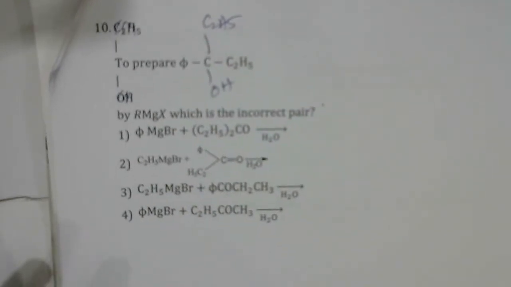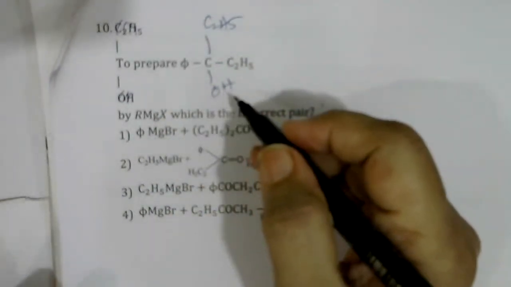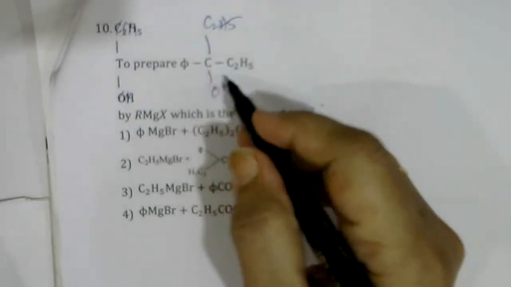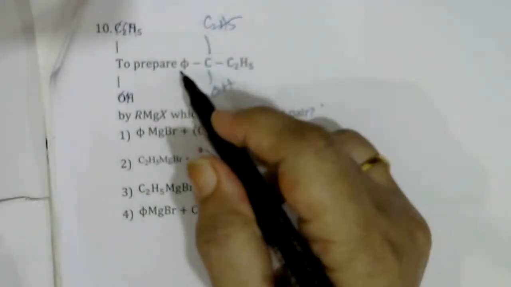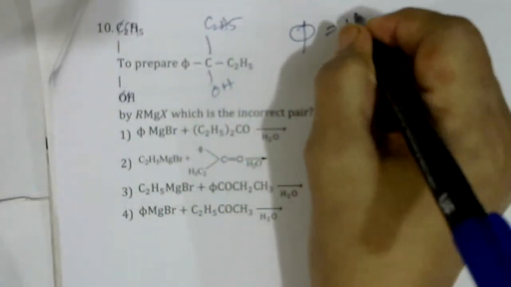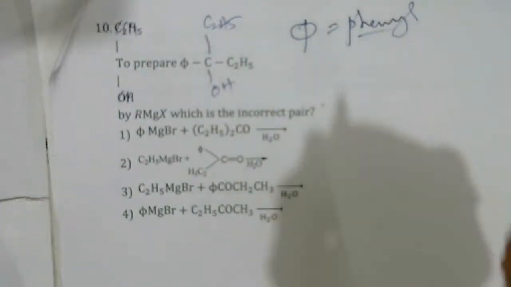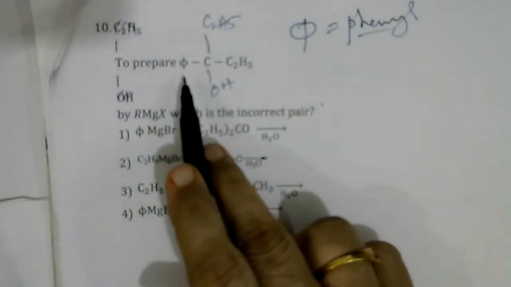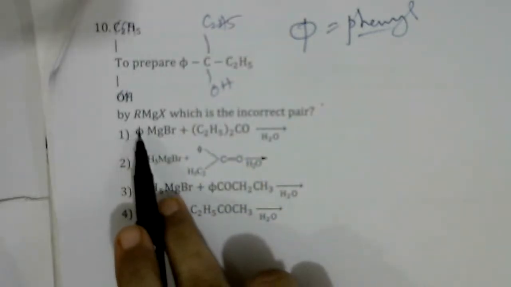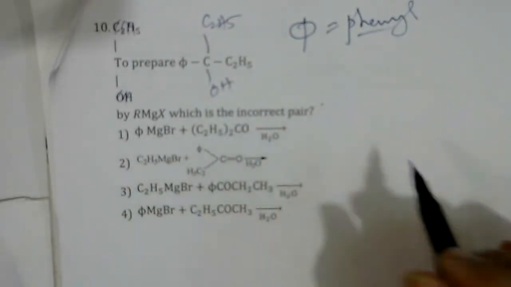Next question. Question number 10. To prepare a tertiary alcohol, one side is phenyl. This represents what, children? Phenyl. It is like a benzyl derivative over here, and the OH group is present over here. Which is the incorrect pair, they are asking.